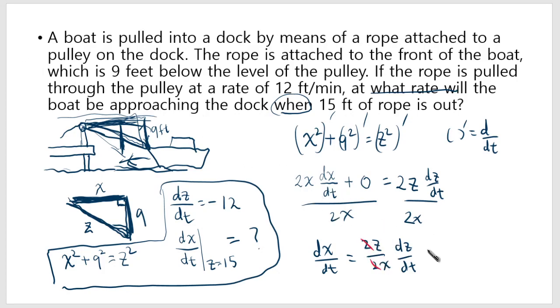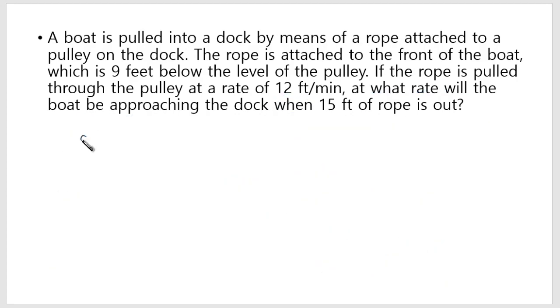That leaves you with z over x times dz/dt, but dz/dt is given here, it's negative 12, right? So we see that dx/dt is negative 12 times z over x.